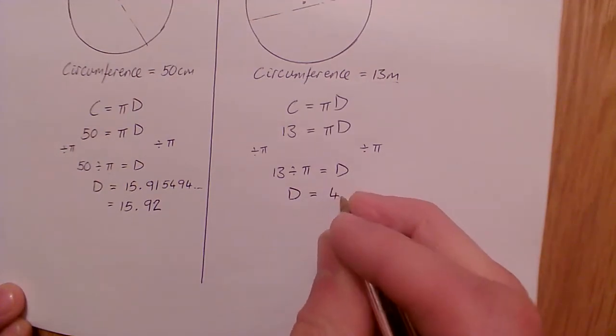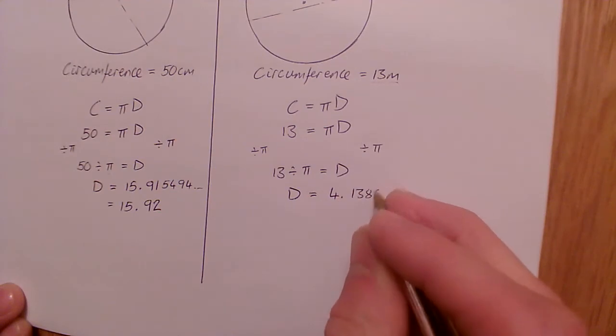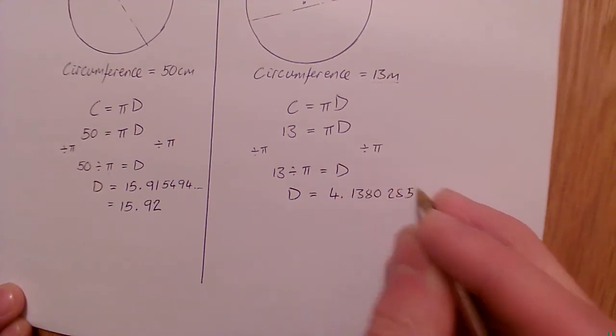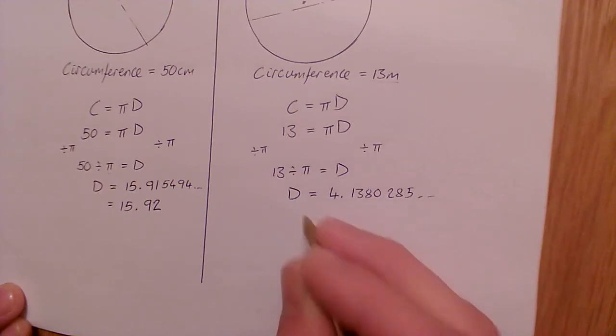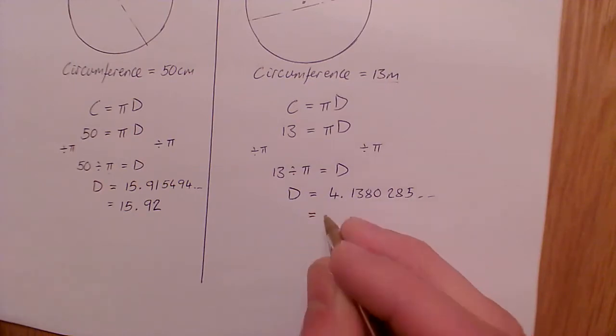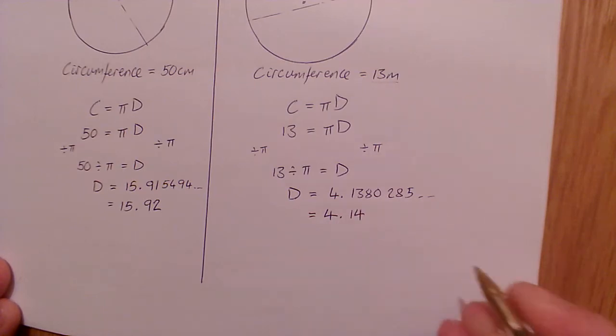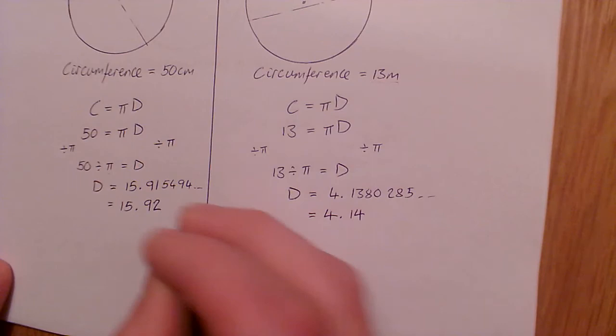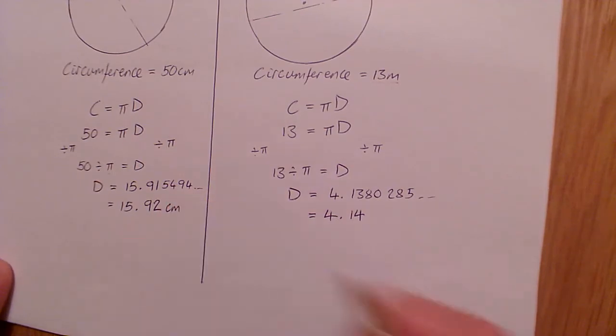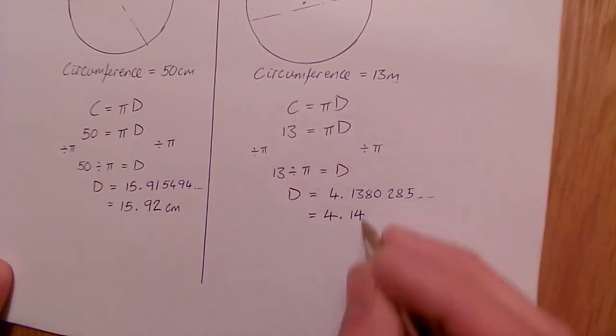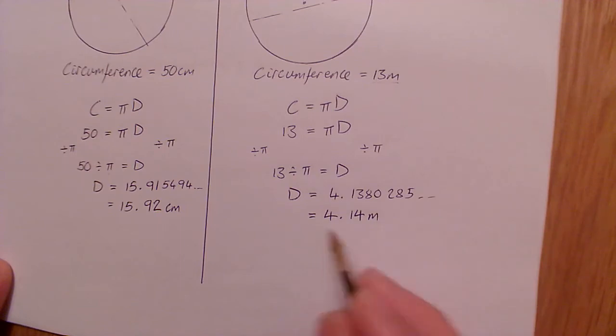Turns out 4.1380285, etc. And then we can round it. Now, 2 decimal places will do nicely for all of the examples we're doing here. One thing I have missed, and I missed it on my example as well, I've spotted, was we should have had some units. So centimeters here, and if the circumference is in meters, so is the diameter.